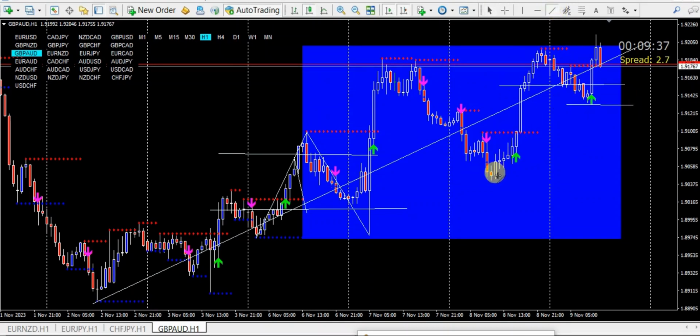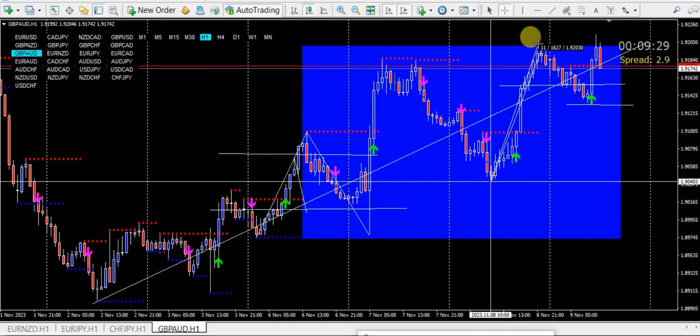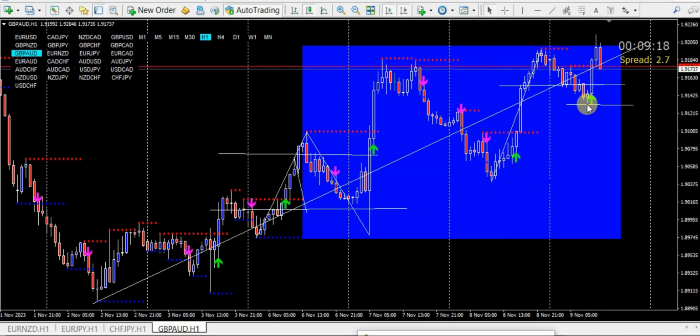So meaning that when the price moves like, let's say, 157, it retraces 50 pips. So almost one third of the movement.